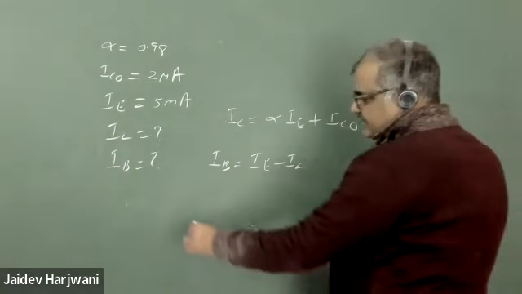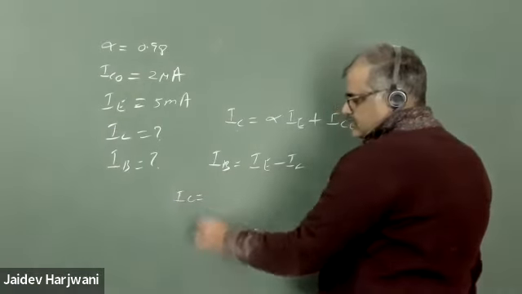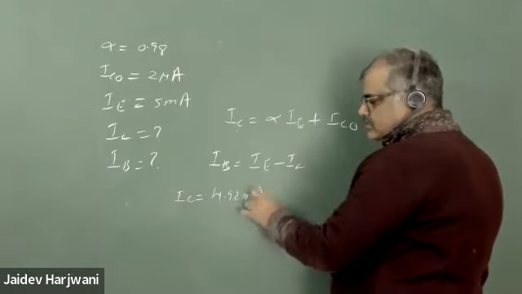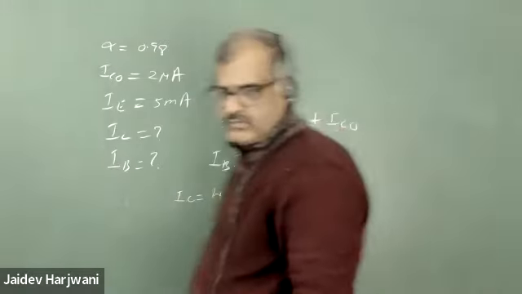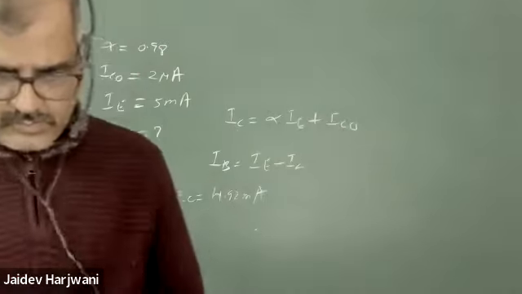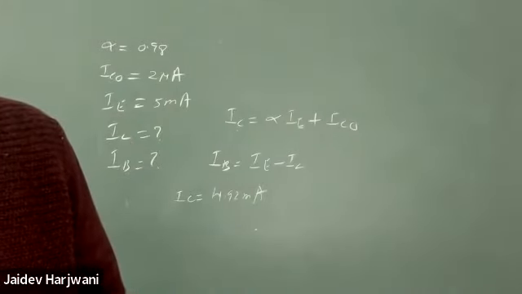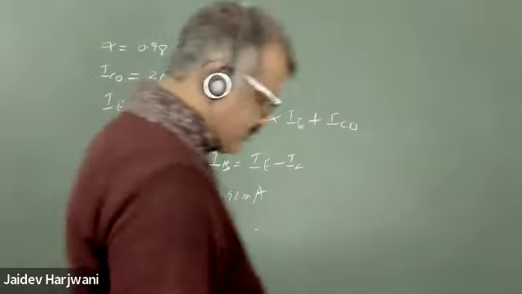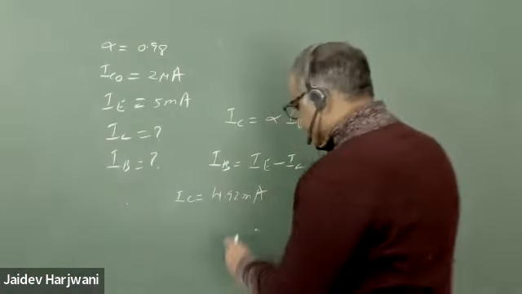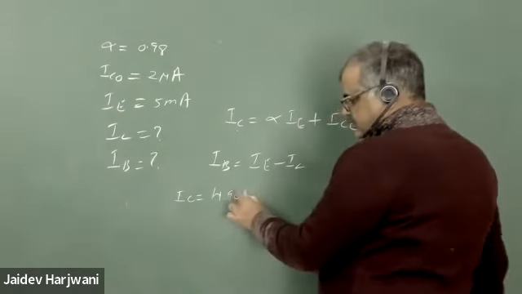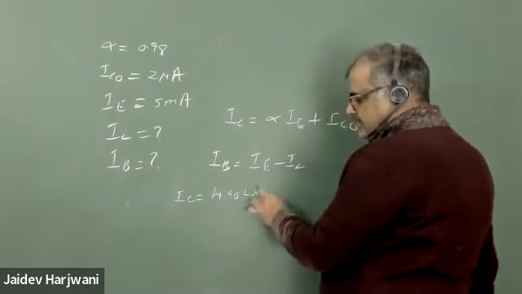What is the value of IC? 4.92 milliampere is coming. 4.902. Are you getting this one?